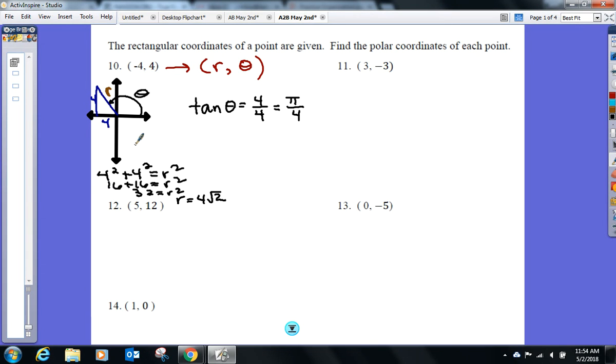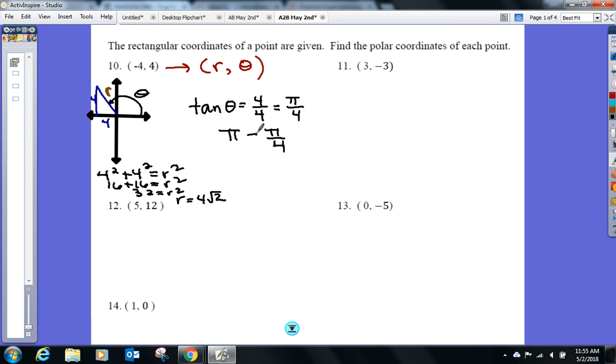Let's think through this because we had a tough time with this. What is the radian measure from here to here? Pi, at 180, right? What do I have to do with that and my reference angle to get the angle in the second quadrant? Do I have to back up or add on? Back up, so I'm going to subtract.